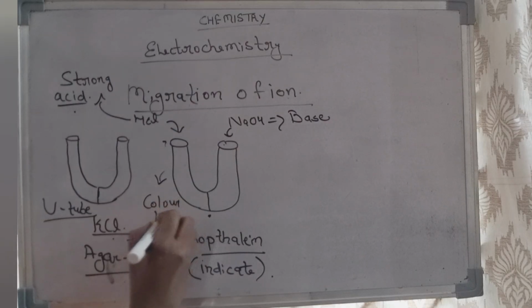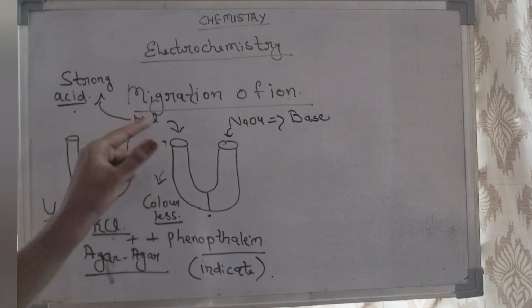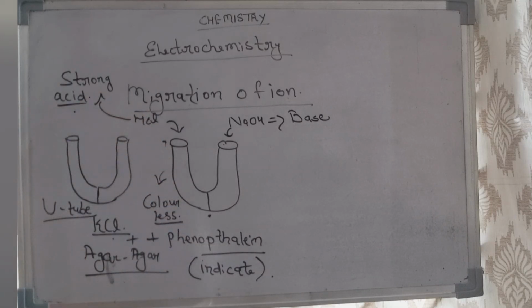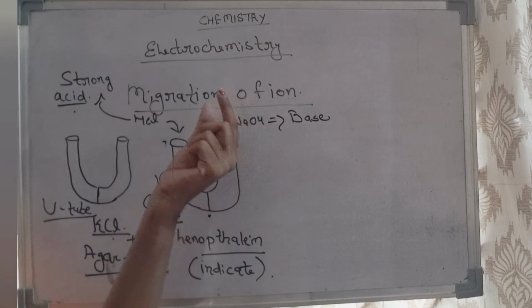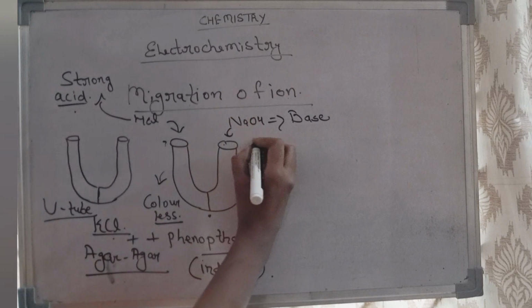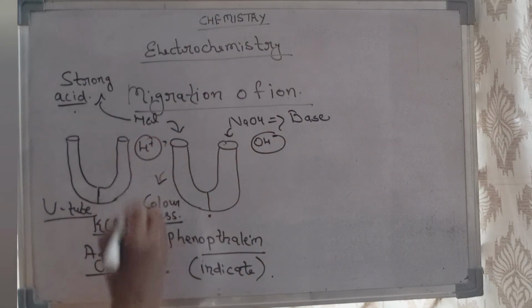Why? Because H plus will be there. HCl is there, so H plus will be there, and in the case of HCl phenolphthalein is not able to give any kind of color. When you pour NaOH, on the other hand, the OH negative is nothing but your hydroxide ion, and H positive is nothing but your hydrogen ion.